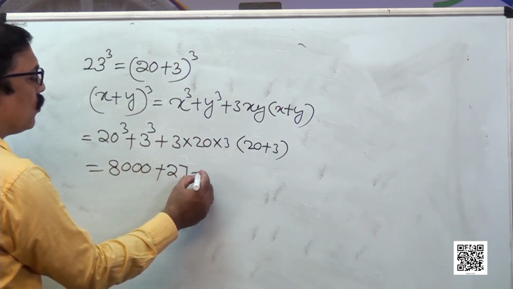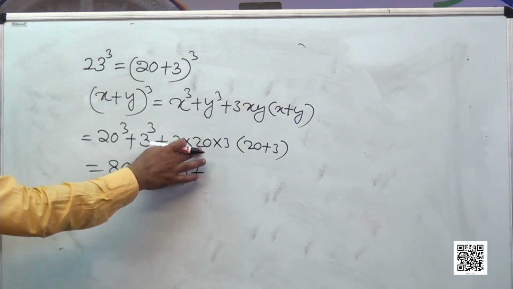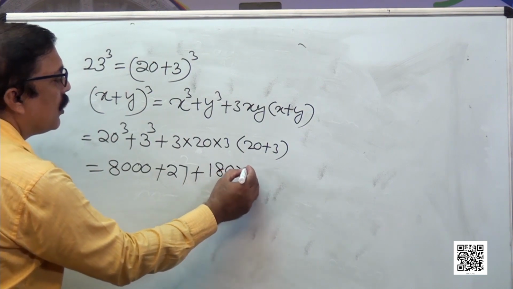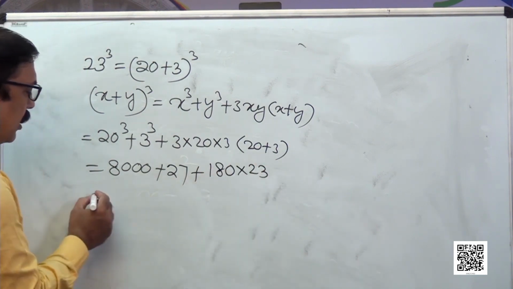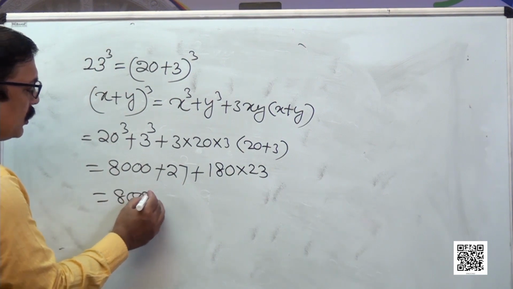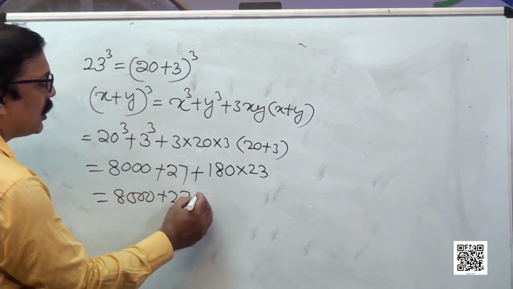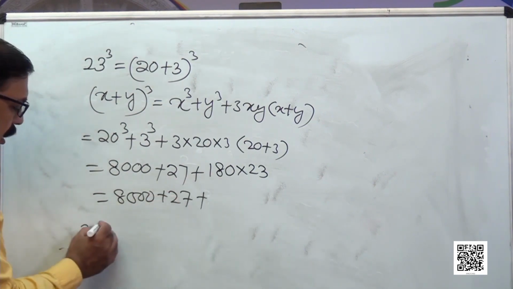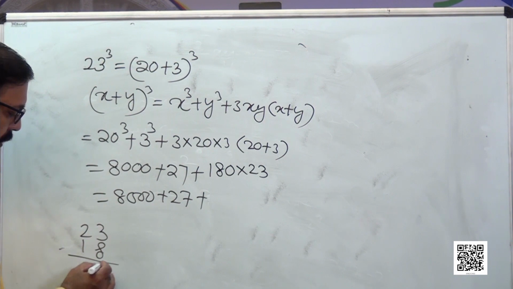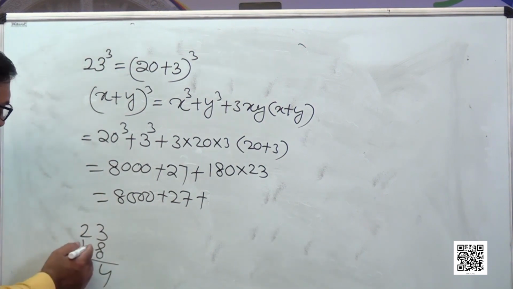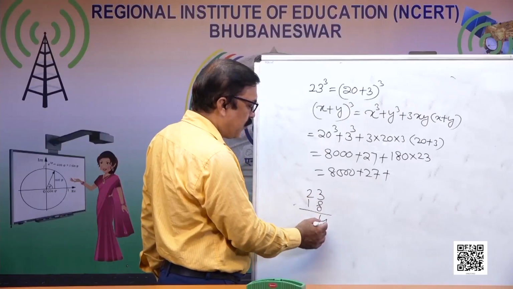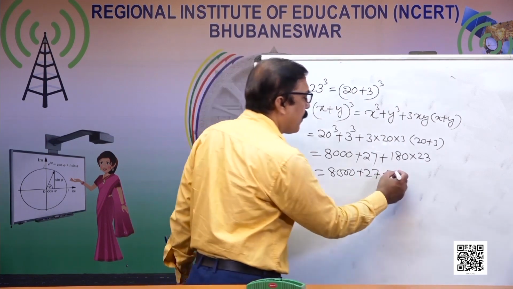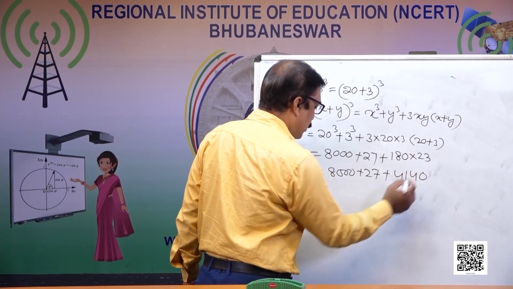Now this is 3 into 3, 9. 9 into 2 is 18. 180 into 23. That is 8,000 plus 27 plus this, which gives 4140 after adding: 18 into 3 gives 54, 36 plus 5, 41, 414, then 0.